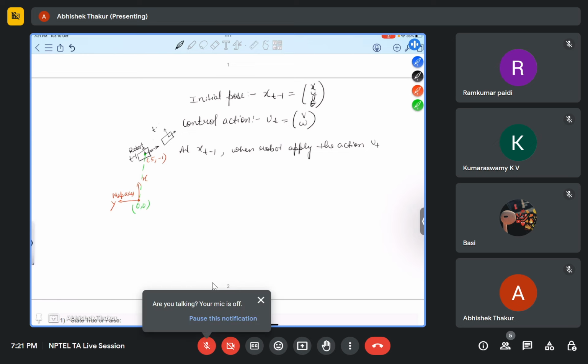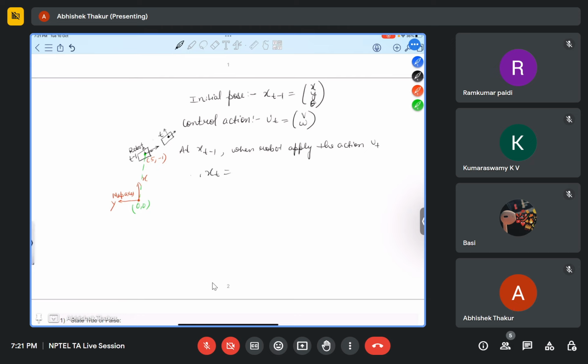So this is the position of the robot at t after applying the control action. This successor pose is given as x_t, and it can be estimated as x prime, y prime, and theta prime.